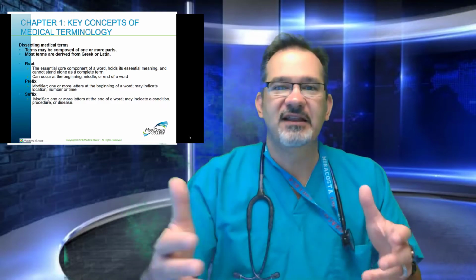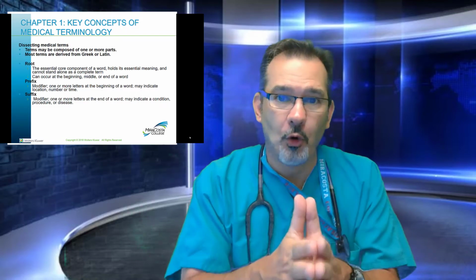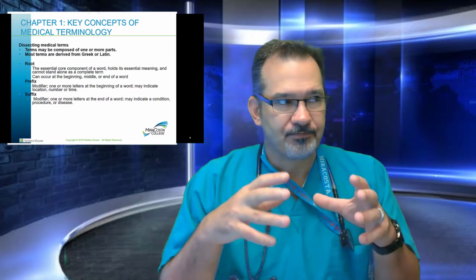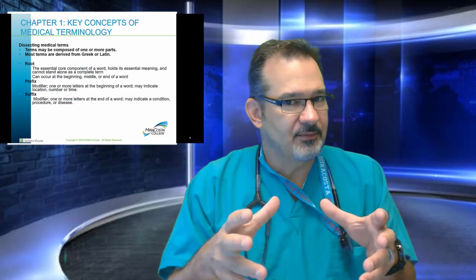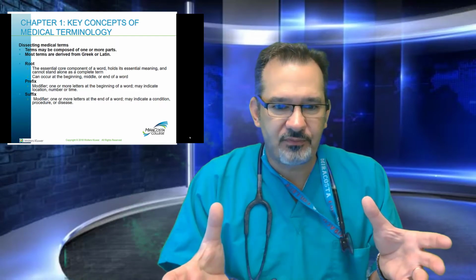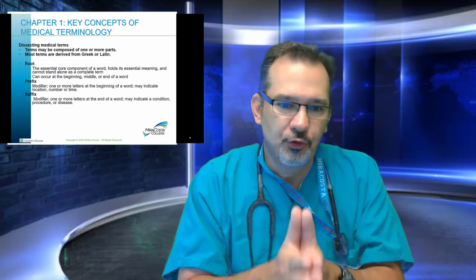So let's define these things, right? A root is the basic core of the word, okay? Roots can't stand by themselves. They have to accompany typically a suffix or a prefix to actually make a word. But the root is the core of the word.